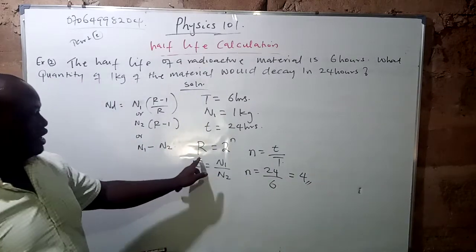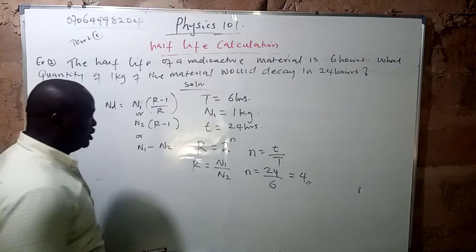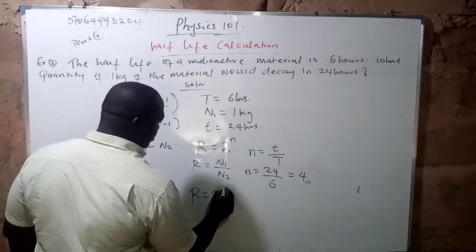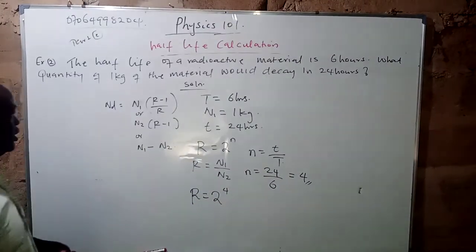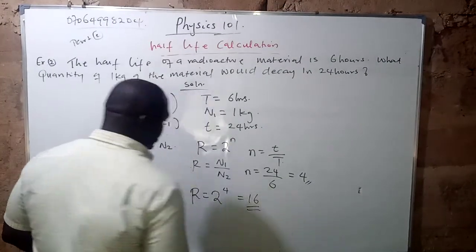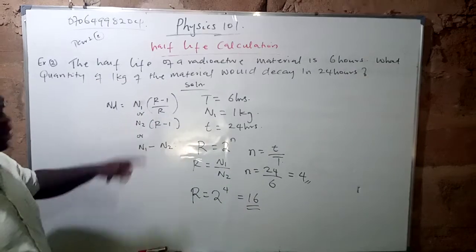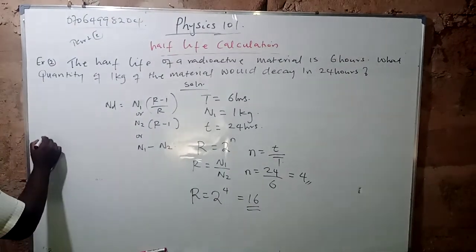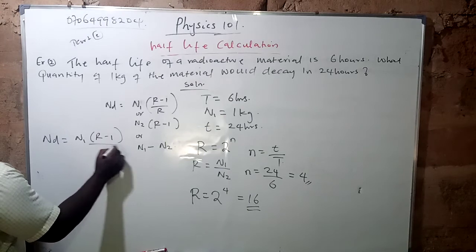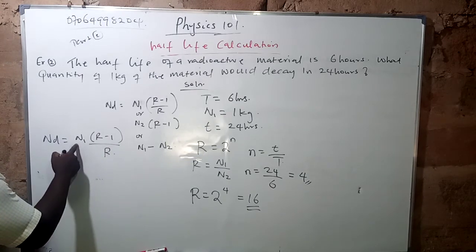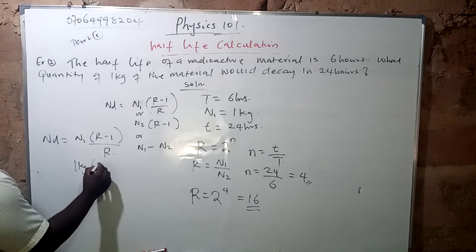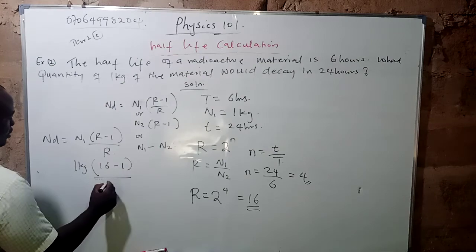So if your n is 4, you can get your disintegration ratio. R is now 2 raised to the power of your n, which is 4. 2 raised to the power of 4 should give you 16. Since you have calculated your disintegration ratio, you can now put it into this formula. So ND is equal to N1 into R minus 1 all over R. Your N1 is 1 kg, so into bracket, your R is 16 minus 1 all over 16.